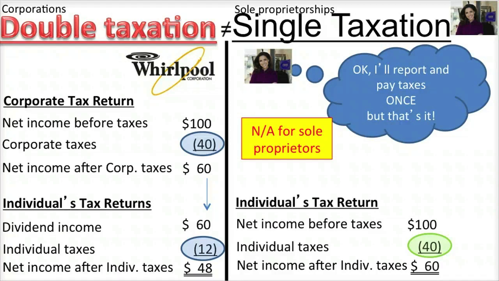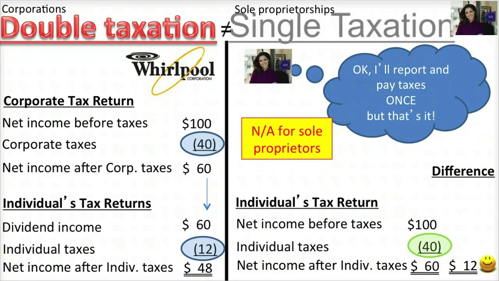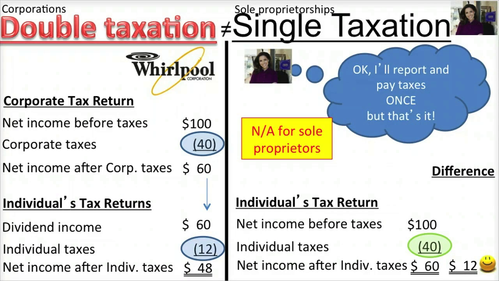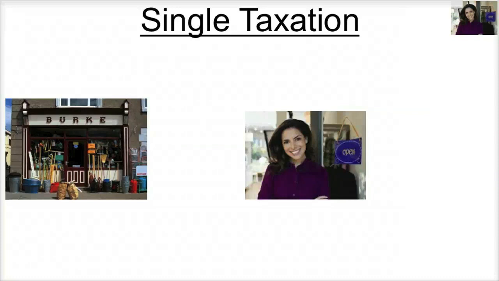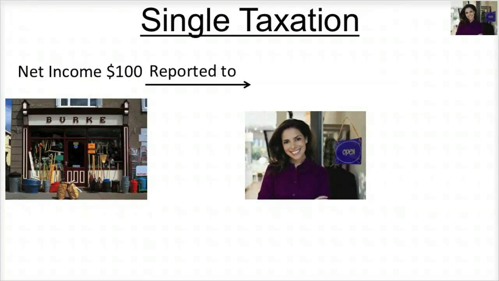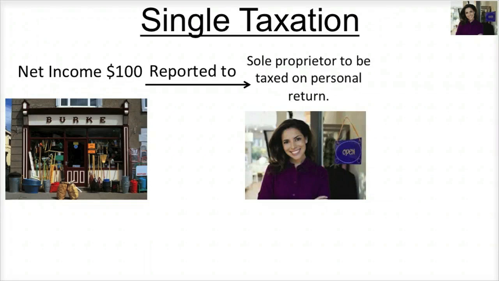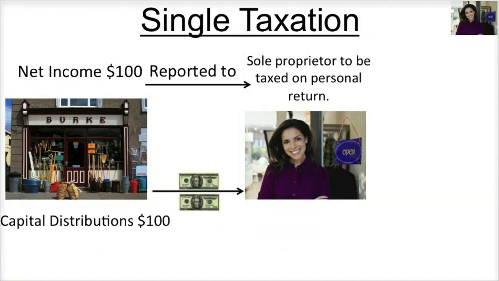As compared to corporations, sole proprietorships have the significant advantage of single taxation. Each year, the net income reported by a sole proprietorship will be included on the owner's personal tax return and will be taxed. Net income, which is taxable, is not the same as capital distributions to owners of sole proprietorships because capital distributions are not taxed.